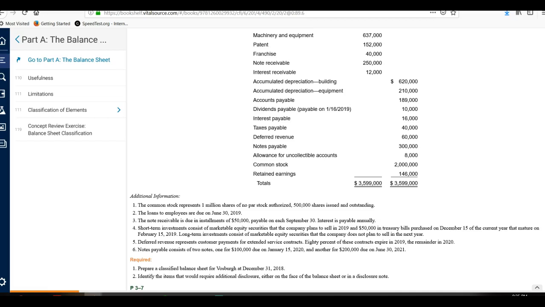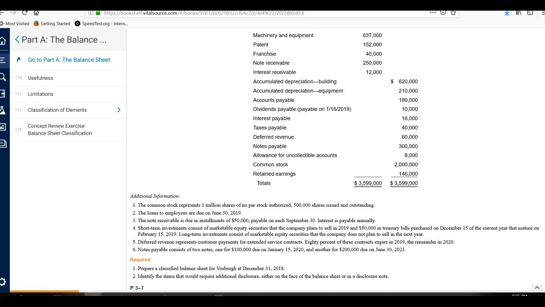Short-term investments consist of marketable equity securities that the company plans to sell in 2019, and $50,000 in treasury bills purchased on December 15th of the current year that mature on February 15th of 2019. Long-term investments consist of marketable equity securities that the company does not plan to sell in the next year. Deferred revenue represents customer payments for extended service contracts. 80% of these contracts expire in 2019 and the remainder in 2020.